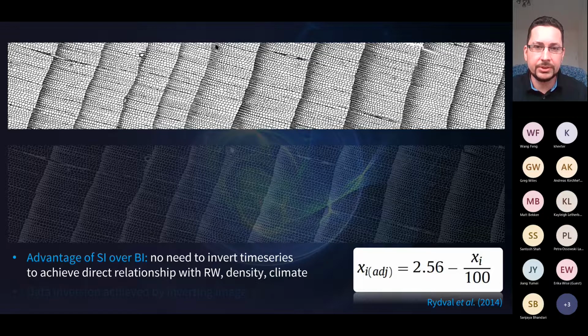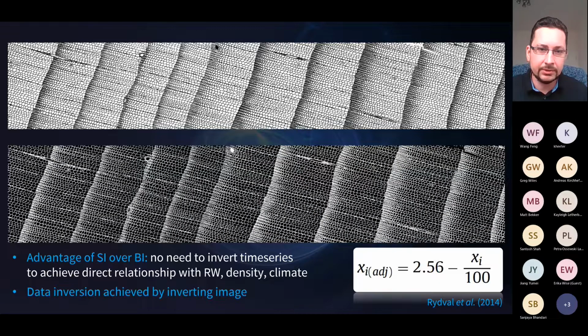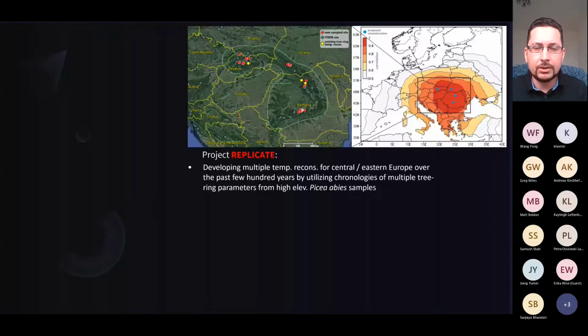Then we have this inverted version, which means we don't have to do any additional inverting or adjustments to get a direct relationship with ring width, density, climate, and so on. So that's quite handy.